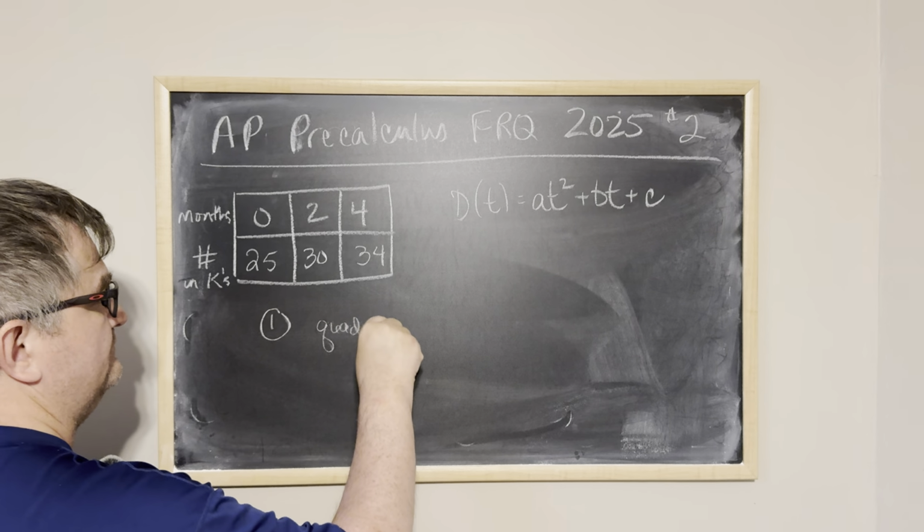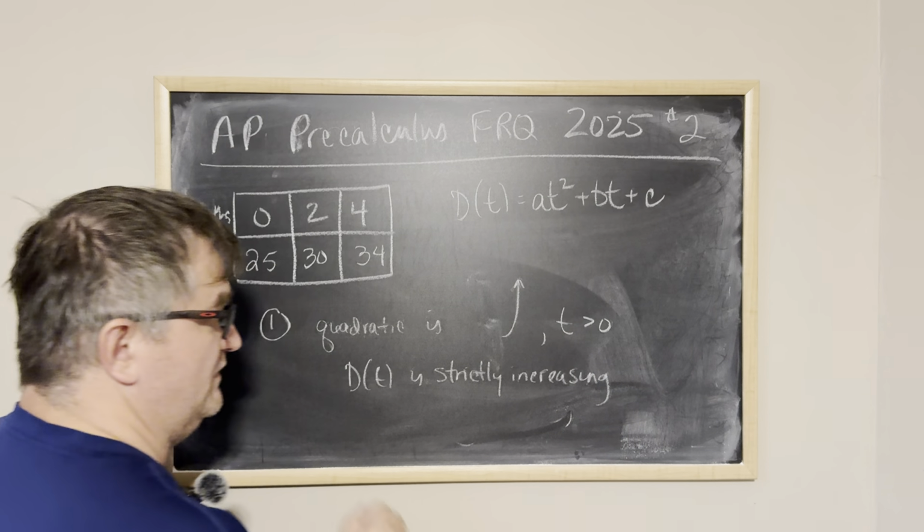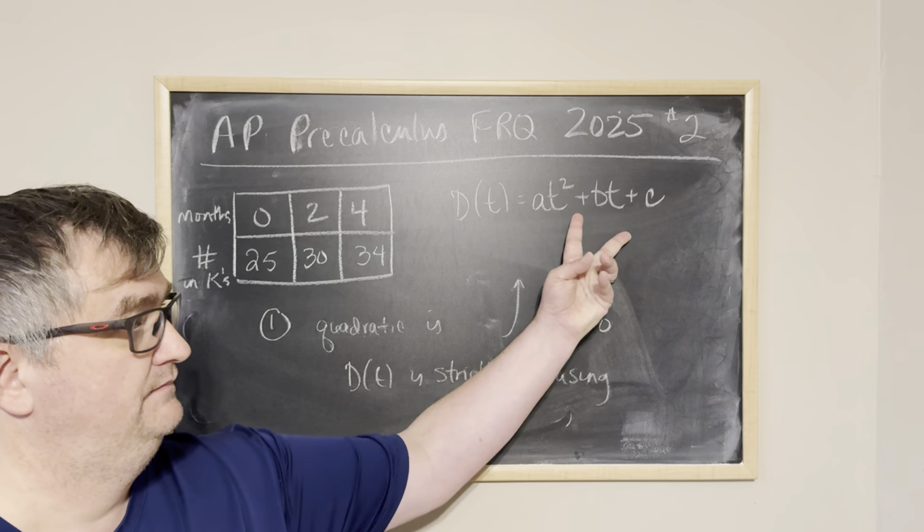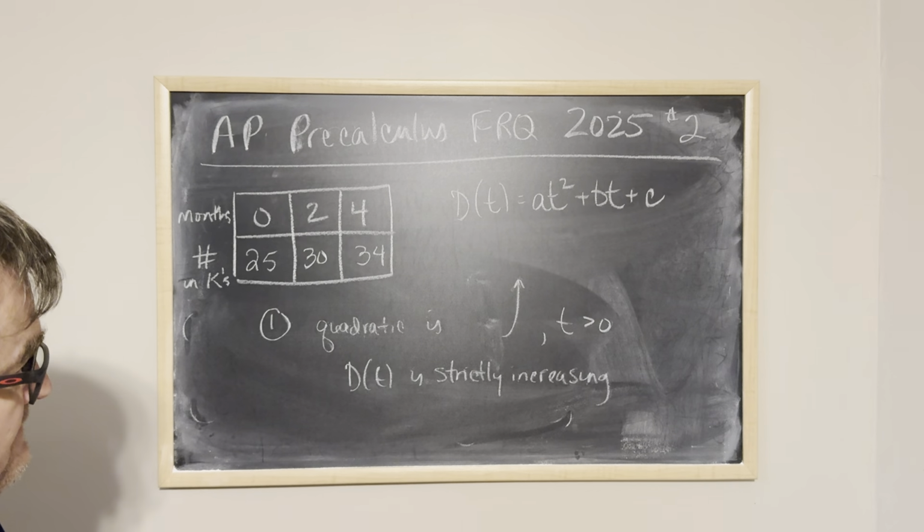So that means D of t is strictly increasing. Strictly going up. Okay. That means t can be represented in the interval t is greater than 0.